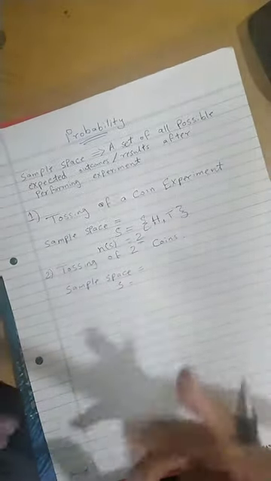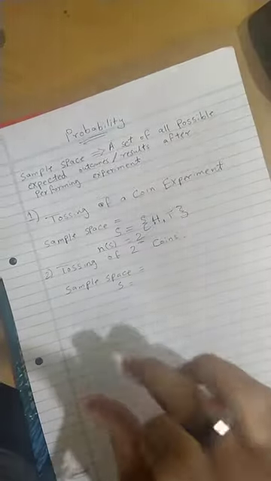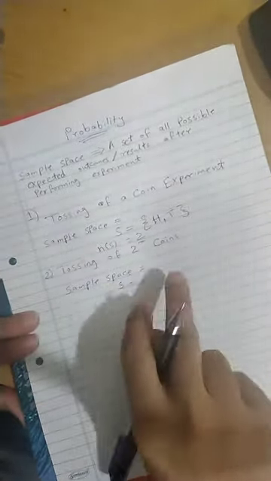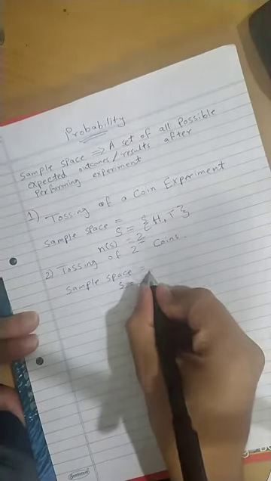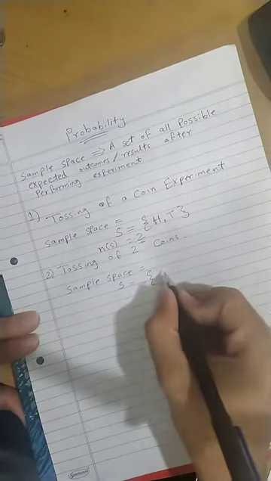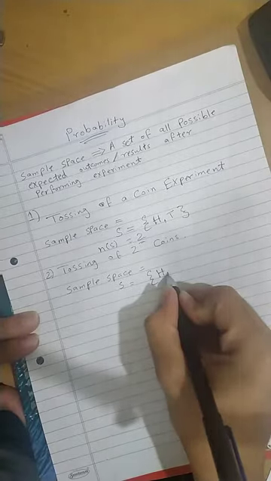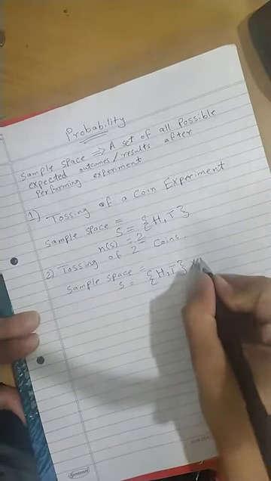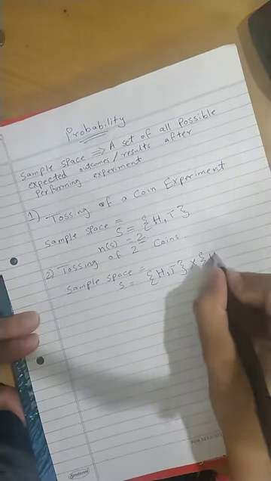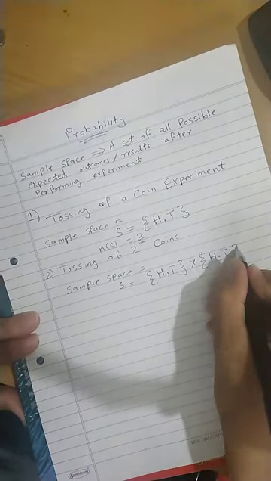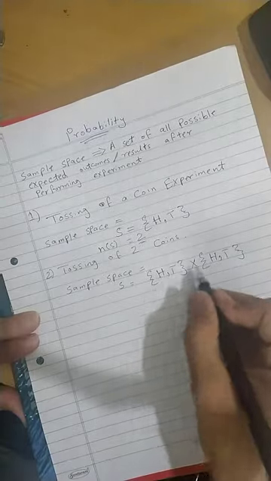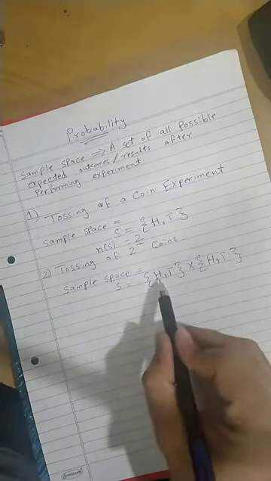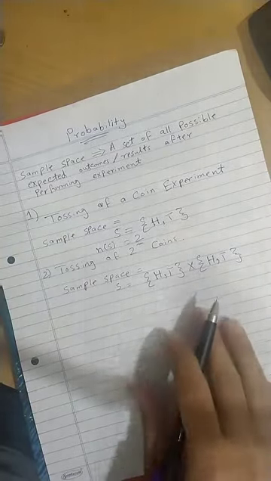You get to know how to get the total of that sample space. You have to write 2 coins like this. Open braces. This is the first coin, multiplied by the second one. And now we have to multiply the first one by the second one.